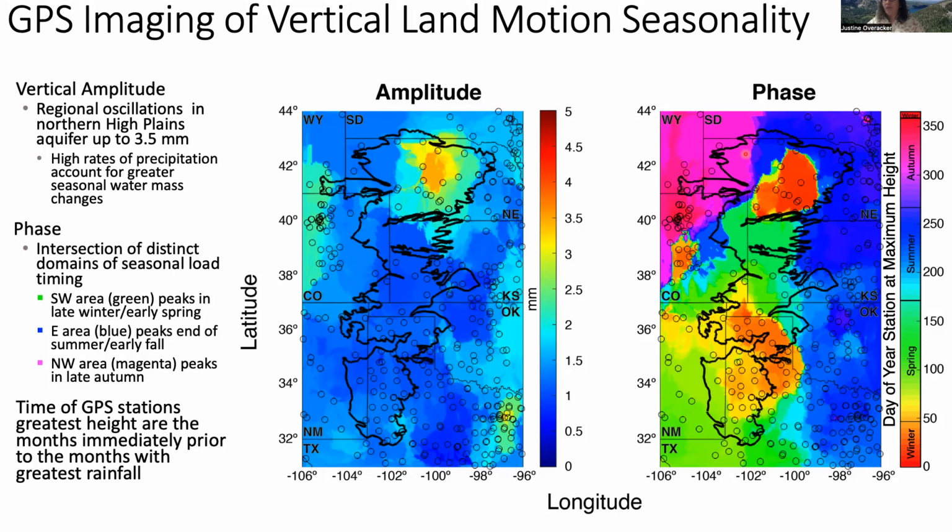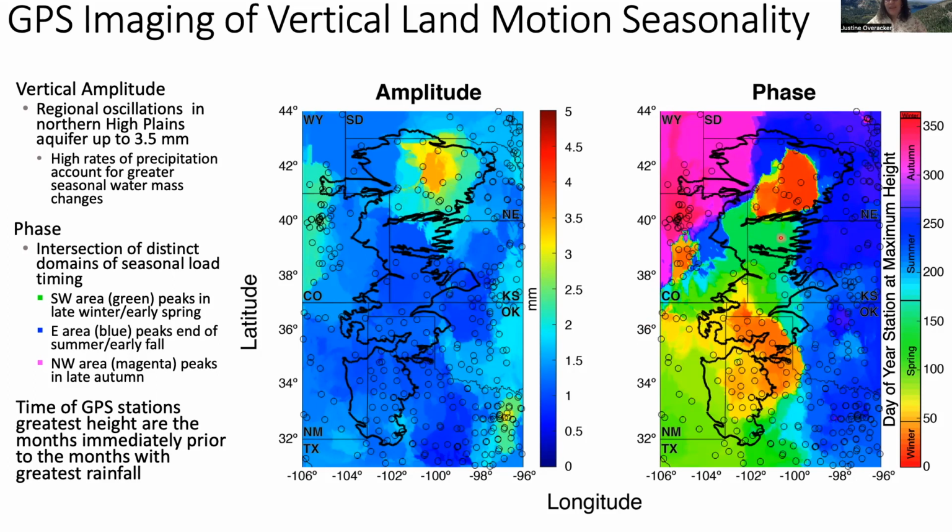indicates the High Plains Aquifer is at the intersection of three distinct domains of seasonal load timing. And these three areas, shown by the green and red adjacent colors, magenta, and blue, respond to loads applied at different times, with their peak phase 60 days out of phase, sorry.